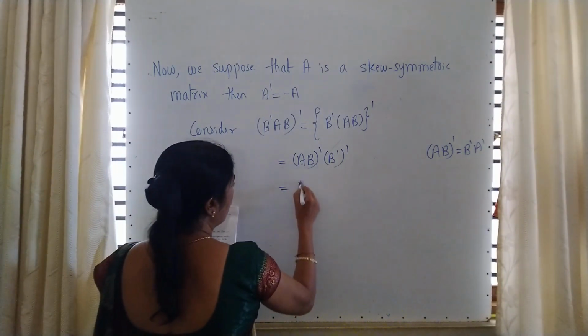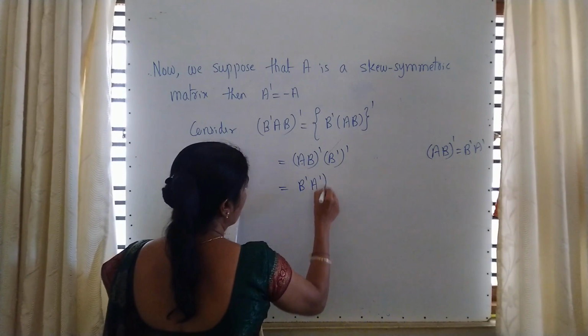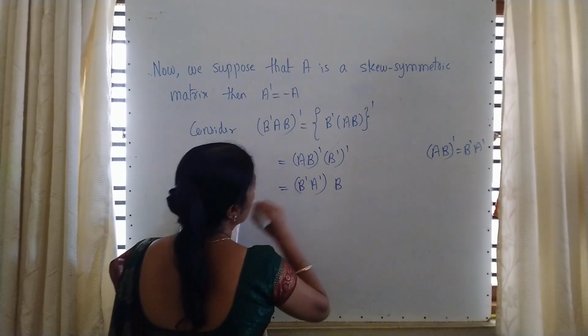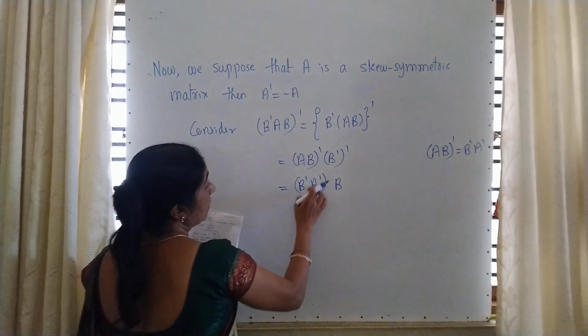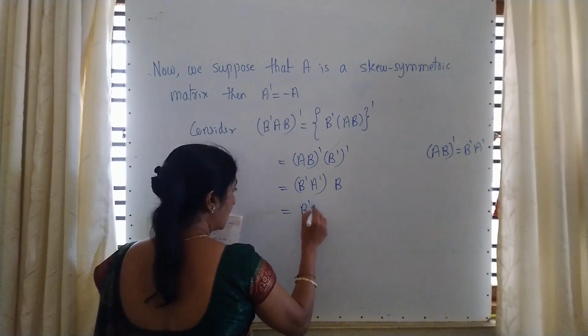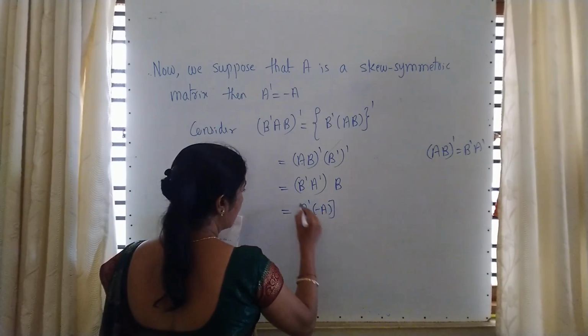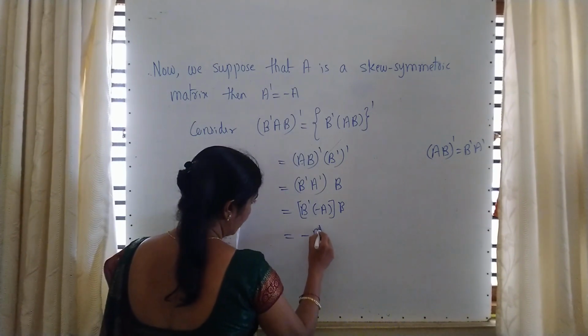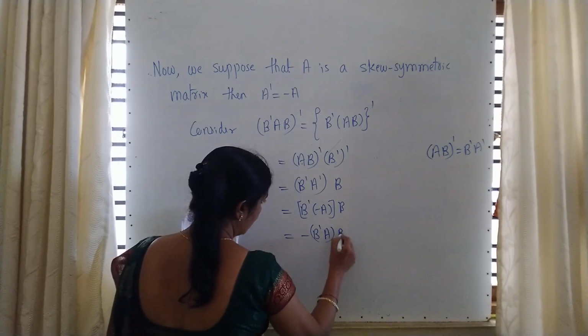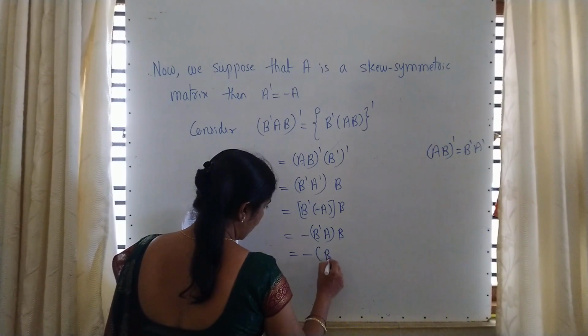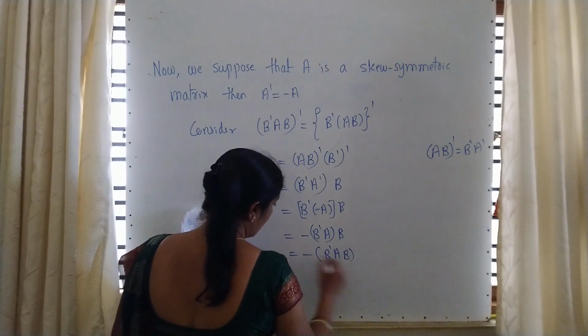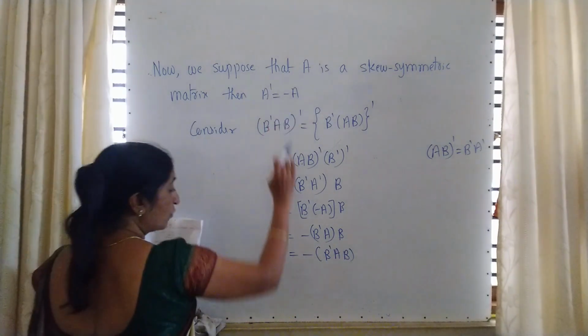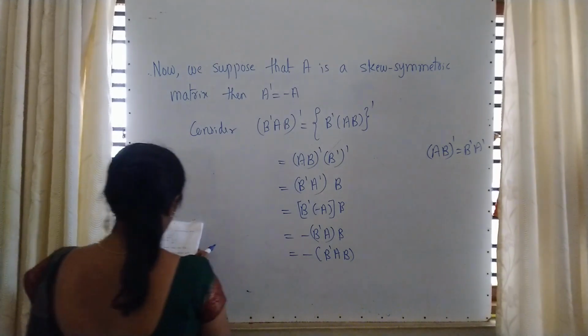So again for this is B. But what is A transpose? A transpose is minus A. It is given. So this will be written like this. So we started with its transpose. We got the same result with opposite sign.